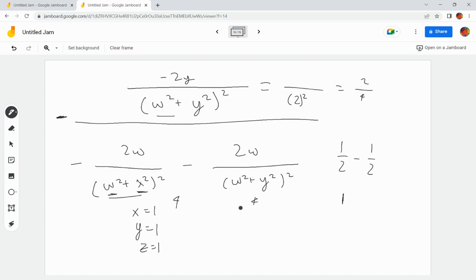Wait a second, this is confusing. What's going on? So in the end, we can cancel these two out, which gives you 1, because you're adding it to here. Is it half? Is it negative a half?